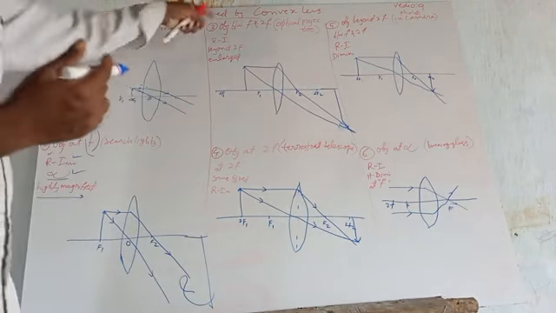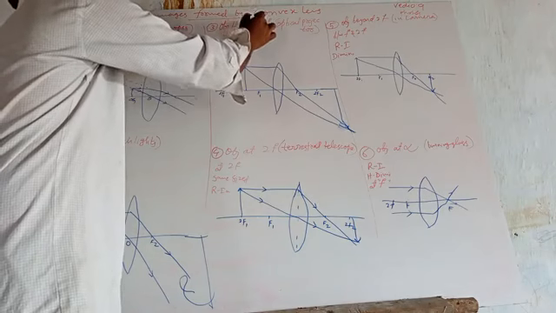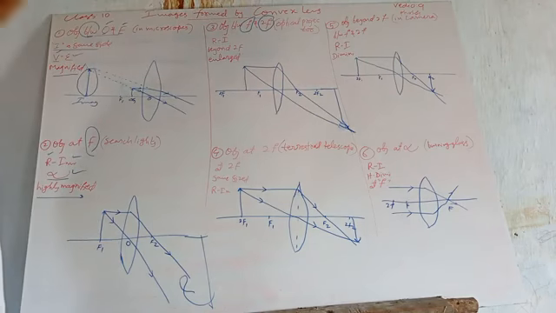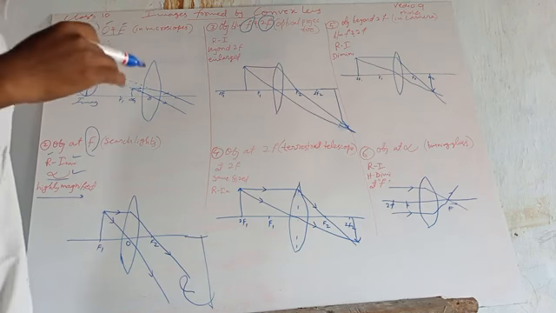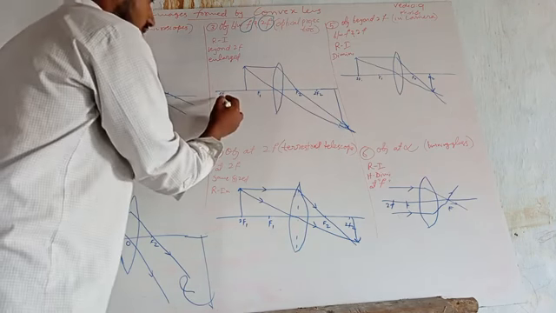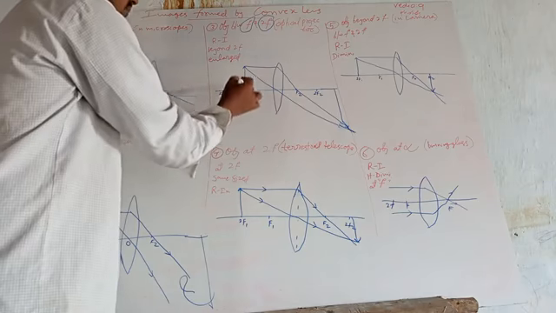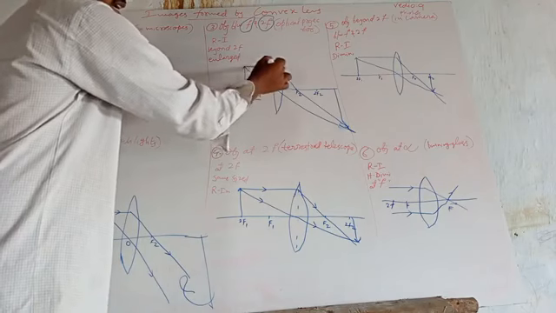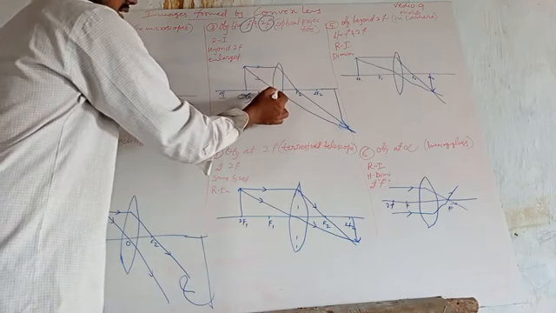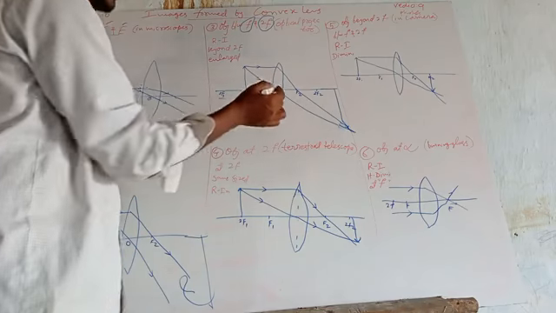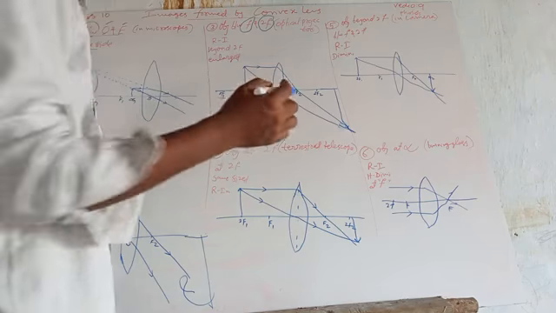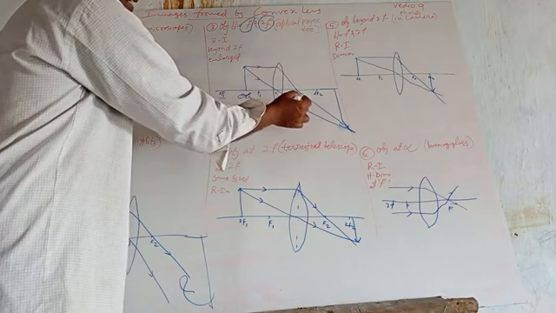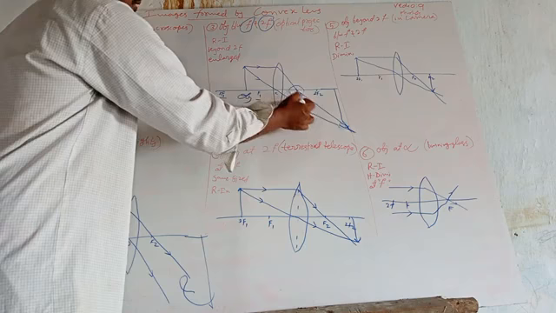Next here, object between focus point and 2F. Focus point 1, focus point 2 are there now. When the object is kept between F1 and 2F1, look here, this is the object. Then one parallel line and one through the center of the lens. The line going through the center of the lens will not deviate anywhere. And when a line goes parallel to the principal axis, then it compulsorily goes through the focus point of that lens.